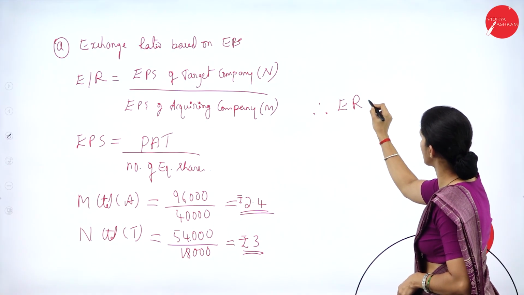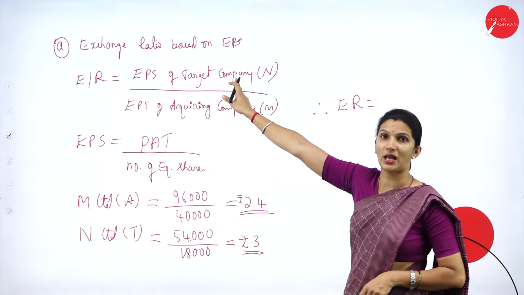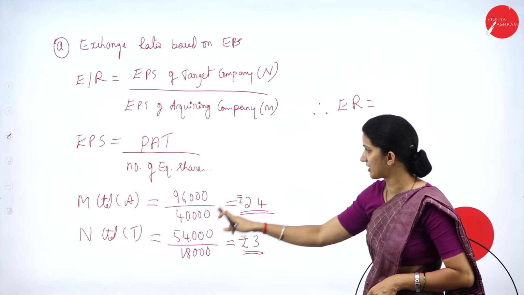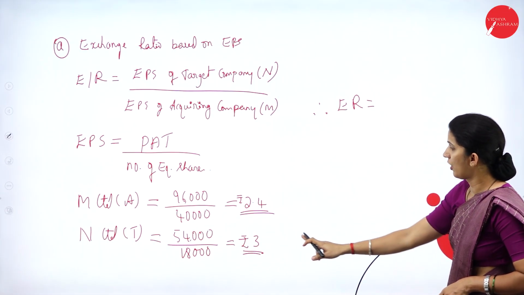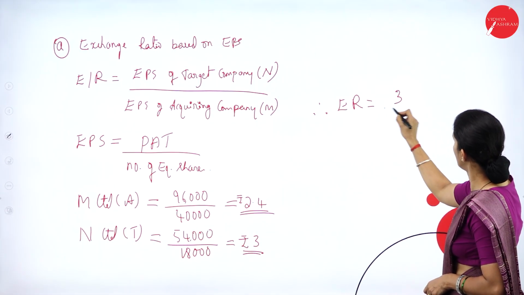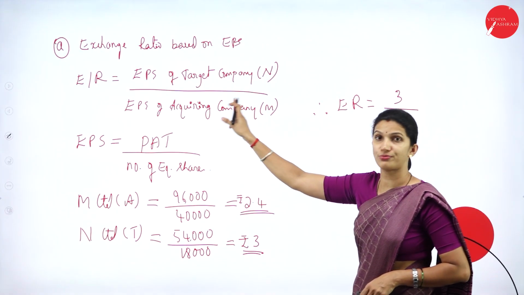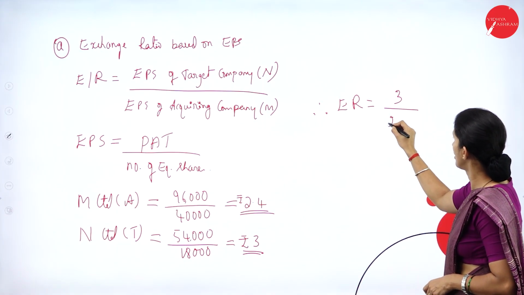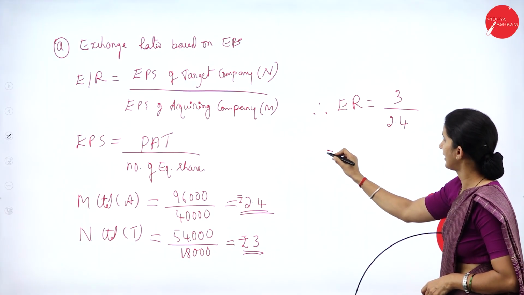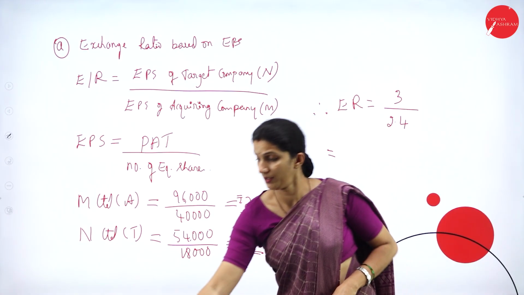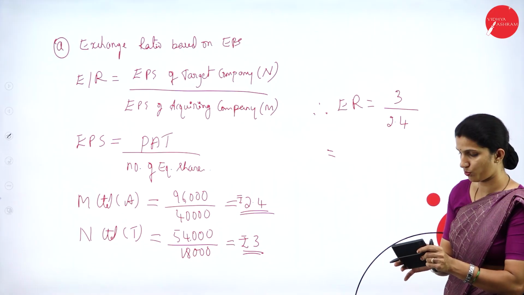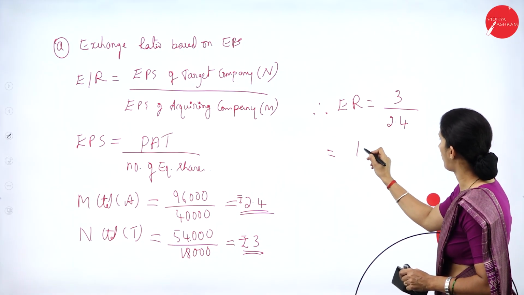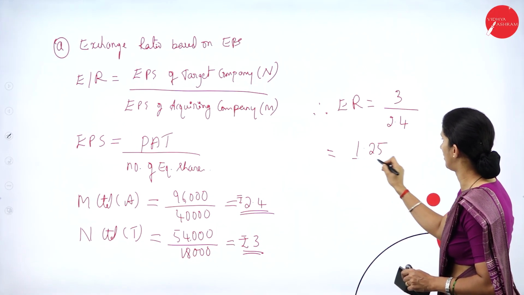exchange ratio is equal to the EPS of the target company, which is N Limited. So your EPS of N is 3, divided by the EPS of the acquiring company, which is M Limited. The EPS is 2.4. So that means your exchange ratio is 3 divided by 2.4, which is 1.25.